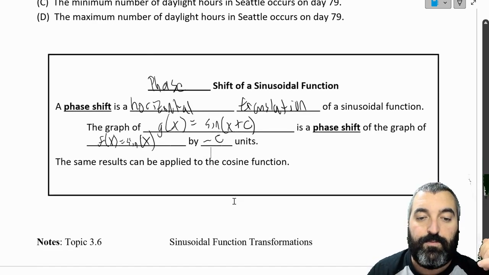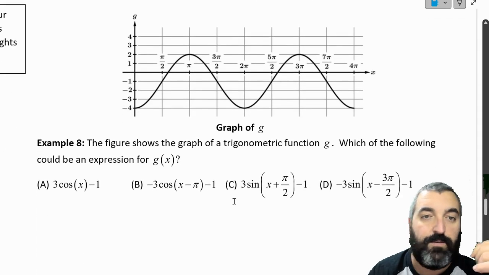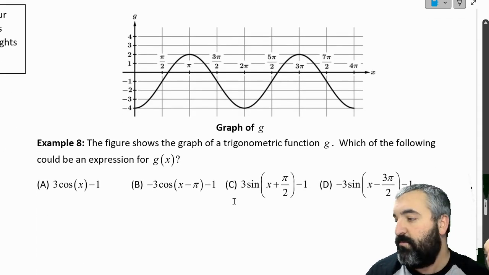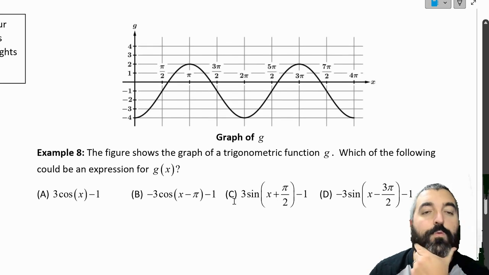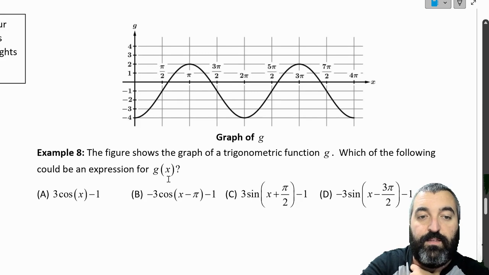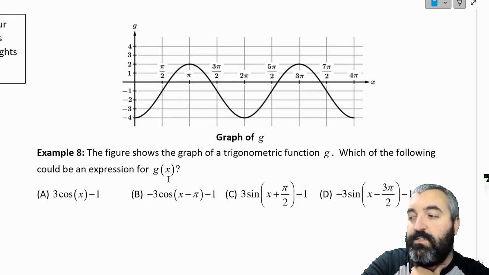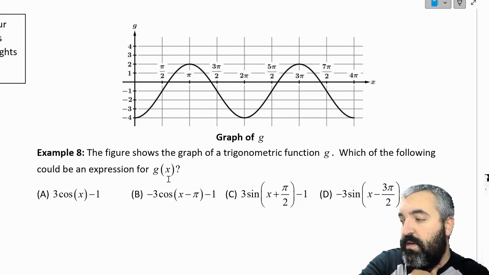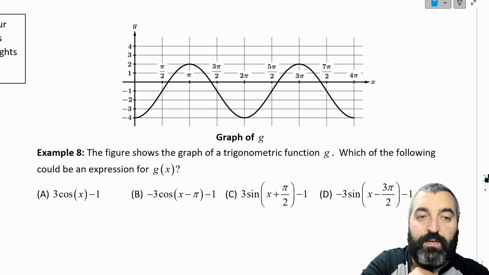Okay, so we get to at least one example here. This first example tells us it's a trig function, and asks which of the following expressions could not be for g of x. Now we can't just assume because of where it's starting.